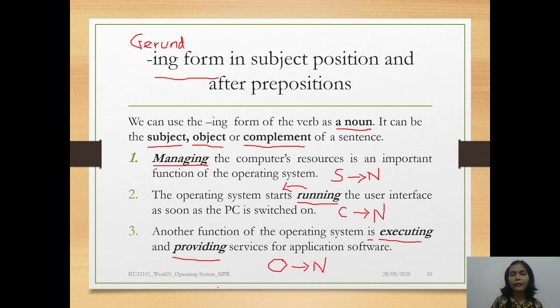So have a look at the context first before deciding whether this one is actually an ing form or a continuous tense, or present continuous tense. Okay, so that's the explanation for the ing form as a noun in the subject, object, and the complement of a sentence.